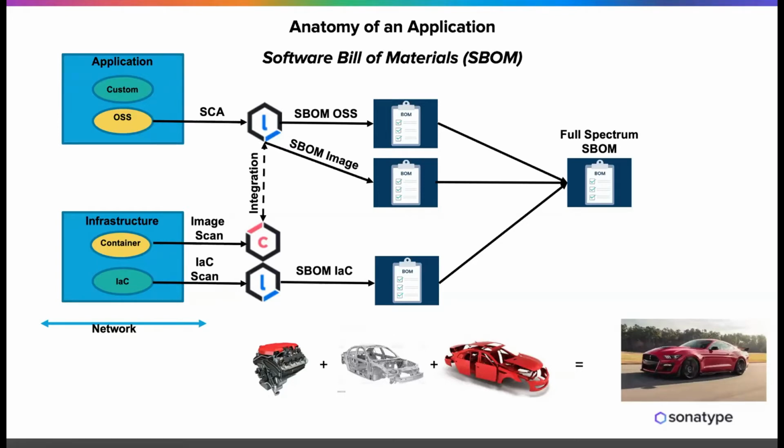So, there was an executive order here, I think a few months ago. I want to say it was in May, where the White House put out an order that all software delivered to government would be required to have a software bill of materials. And why is that important, right? It's important just the way that we build automobiles, right?